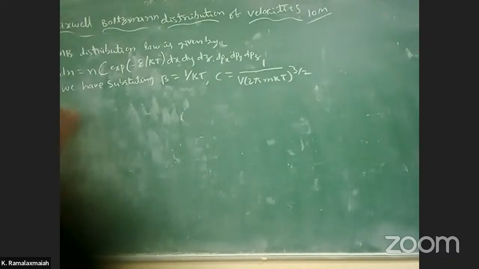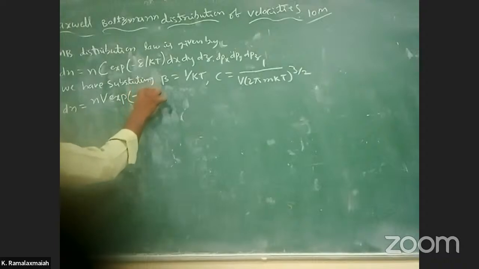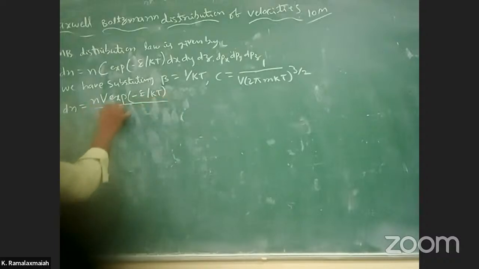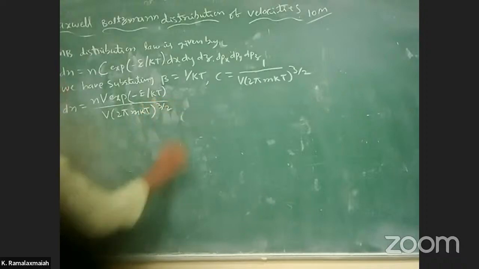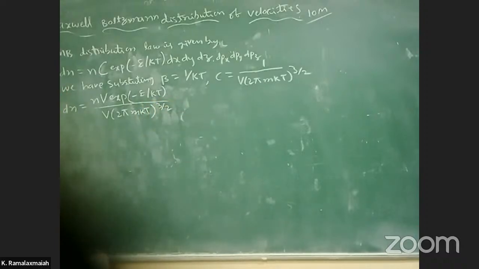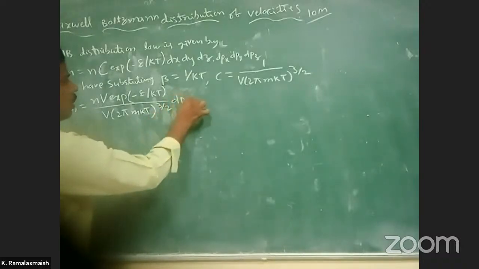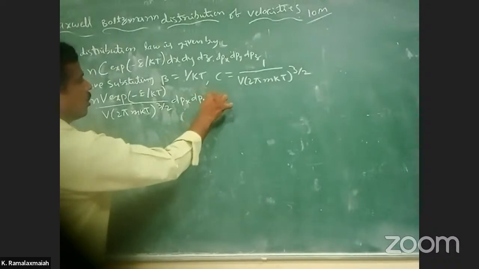So dn is equal to nV exponential of minus E by kT into (2 pi m kT) to the power of 3 by 2, dpx dpy dpz.